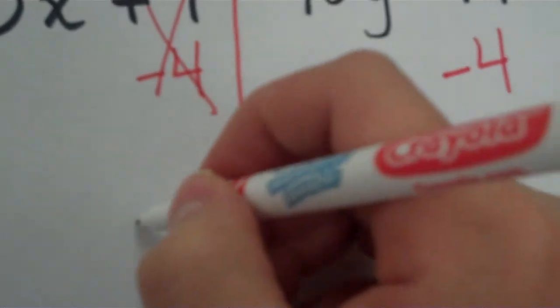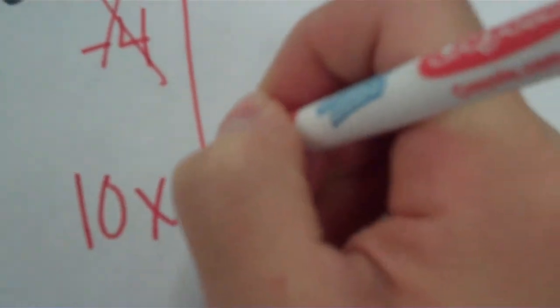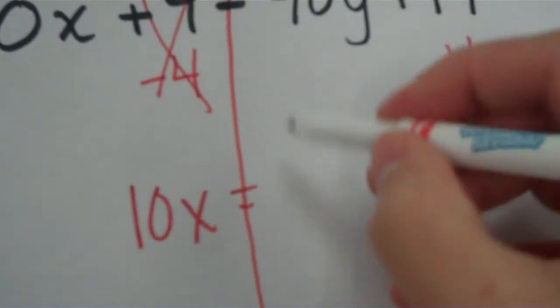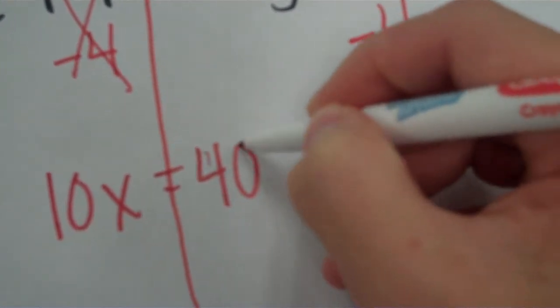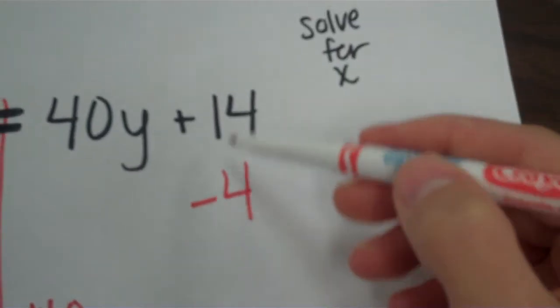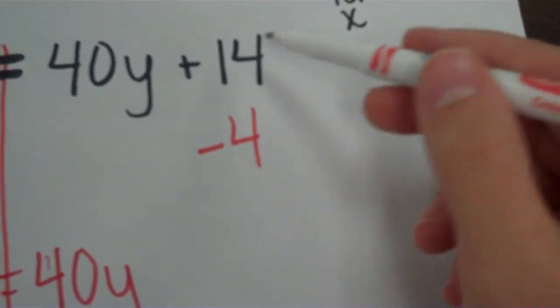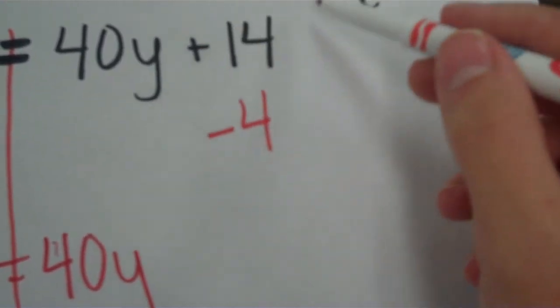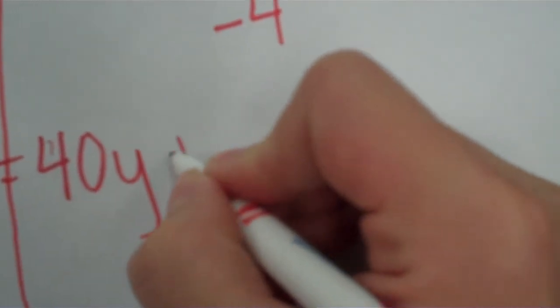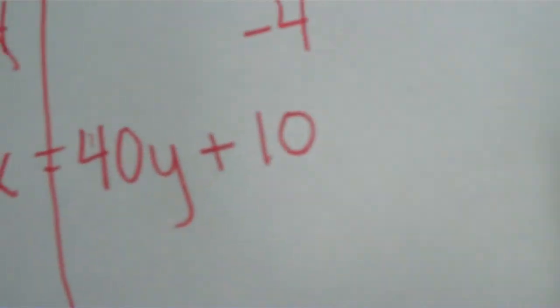Alright, so 10x comes down. 40y comes down because there's no y situation going on right now. And then can I actually subtract these things? And the answer is yes, you can because they're both just numbers. And a positive 14 minus 4 is a positive 10. Okay?